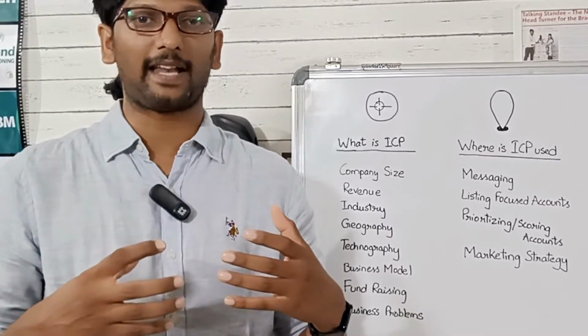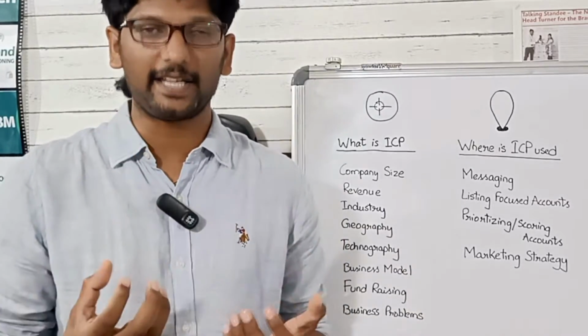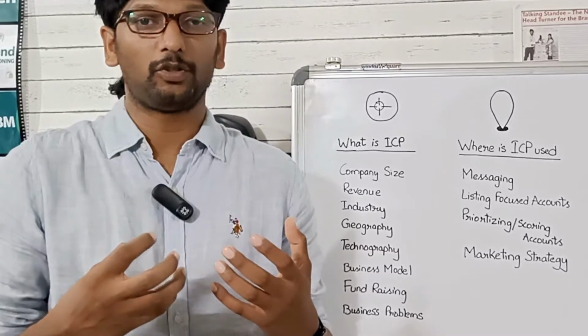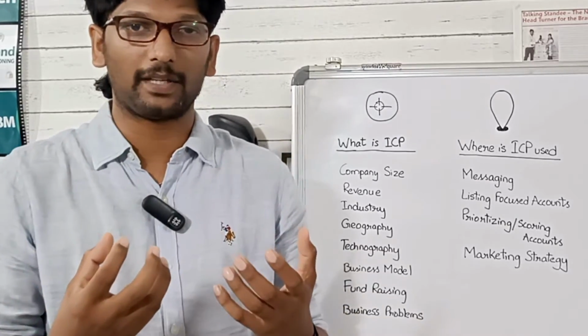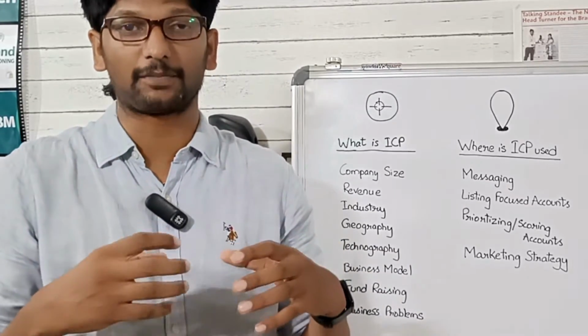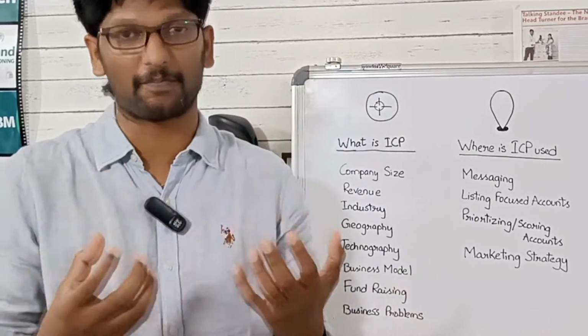The focus mechanism is a criteria based upon which you'll be able to evaluate if a company is something that you will have to target, something you will have to focus on to get as a customer or not.